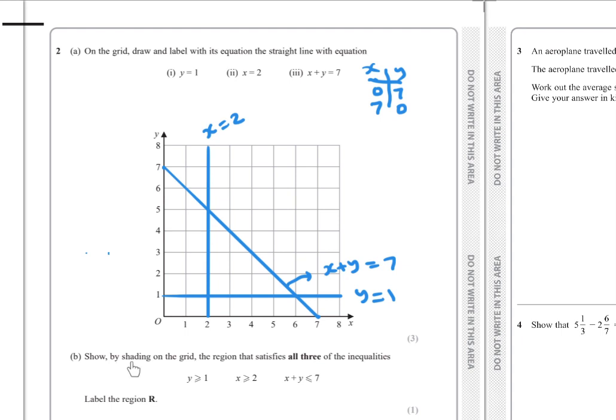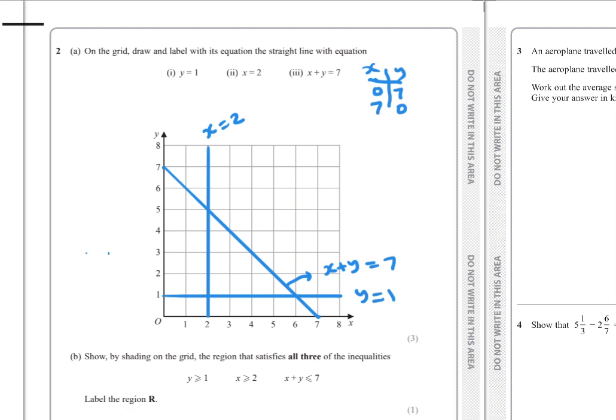B. Show by shading on the grid the region that satisfies all 3 of the inequalities: y more than or equal to 1, x more than or equal to 2, x plus y less than or equal to 7, and label the region R. Y more than or equal to 1, so I need the region above the line y equals 1.